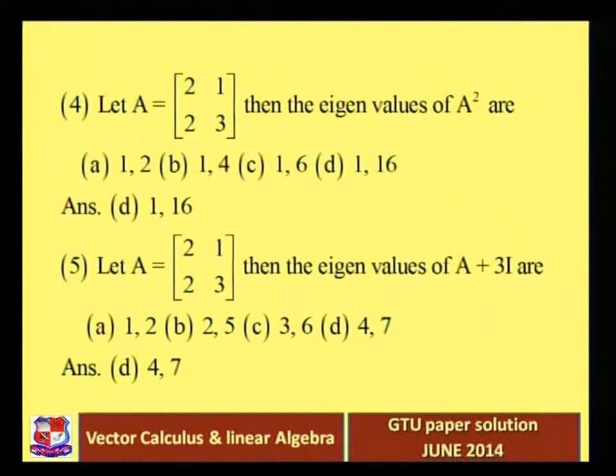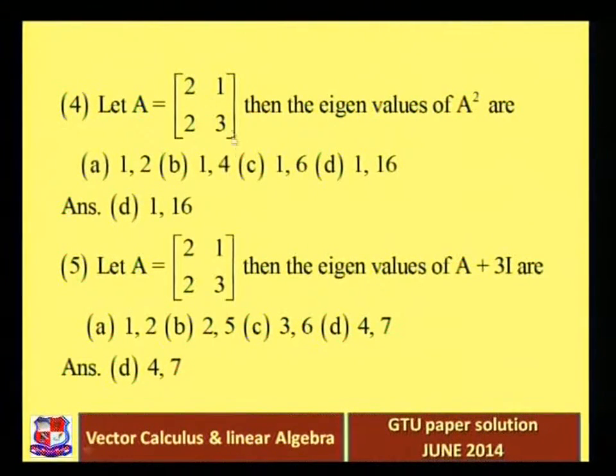Now first of all we want to find the eigenvalue of A, right? In a 2 cross 2 matrix, to find the characteristic equation, what we have to do? Lambda square minus trace of A. Trace of A means the sum of the diagonal elements. Now these are our diagonal elements, 2, 3.